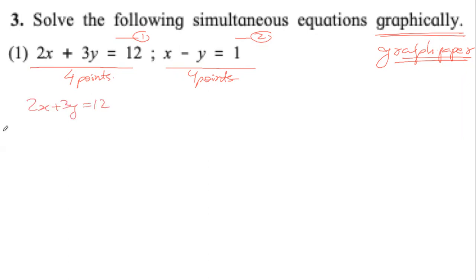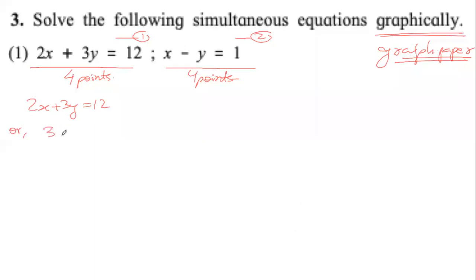Now use algebra to write y in terms of x. To write y in terms of x, that means keep only y on the left hand side and take everything else to the right hand side. One step at a time. First, we will take 2x to the right hand side.